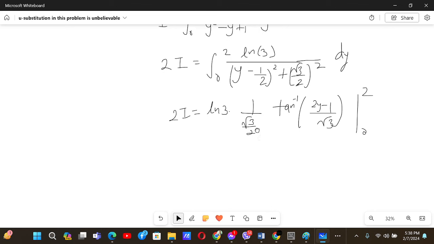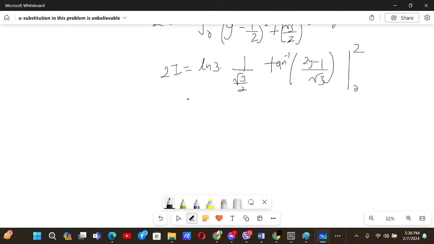Now I equals ln 3 by 2 times 2 by root 3 times, when it's 2 we have tan inverse of 3 by root 3. Tan inverse root 3 is just pi by 3 minus, now when it's 0 it's tan inverse of minus 1 by root 3, so that's minus pi by 6.